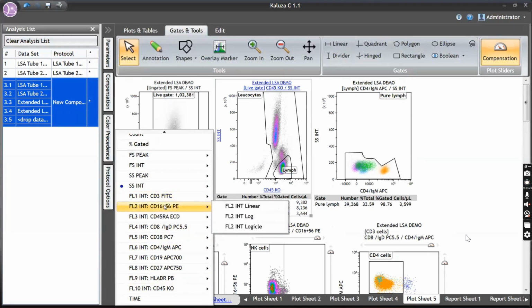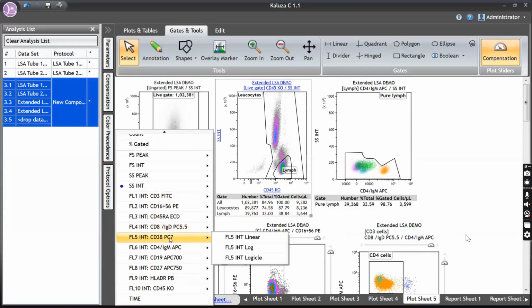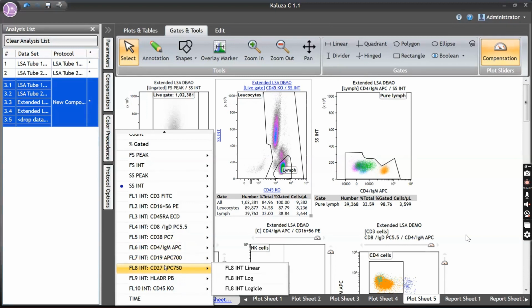CD3 for T cells, CD16 and CD56 for NK cells, CD45RA to subtype the naive T cells, IgD for checking out the naive B cells, CD38 to check for plasma cells, CD4 for, of course, T helper cells, IgM again for naive cells, CD19 for gating the B cells, CD27 to check again the naive cells, memory, central memory, effector memory, HLA-DR to check for its expression in B cells in cases of MHC class 2 deficiency, and to check the T cell activation status.